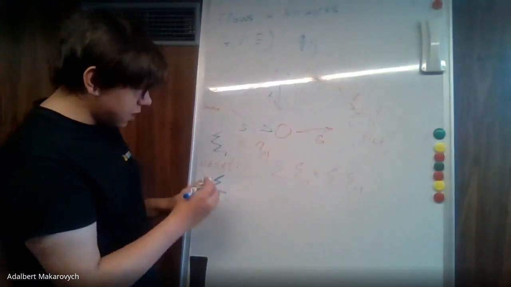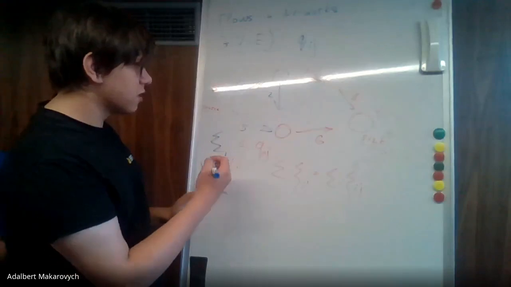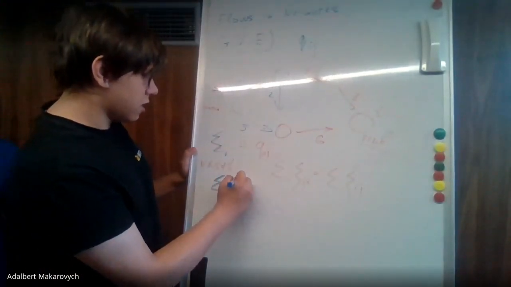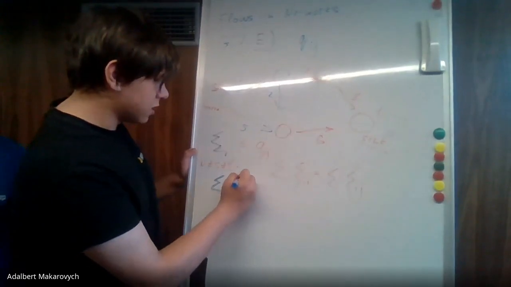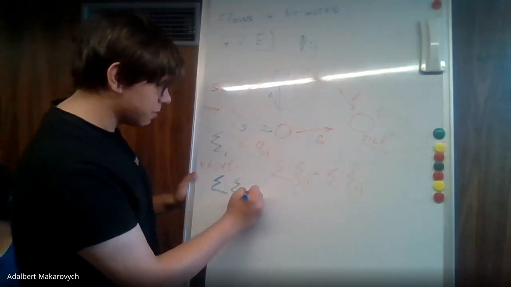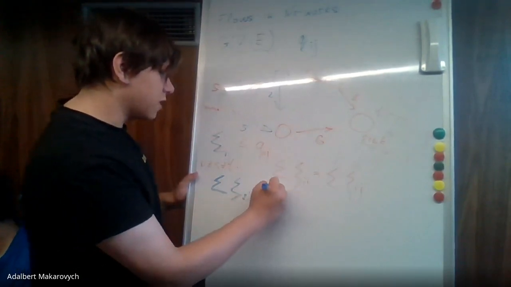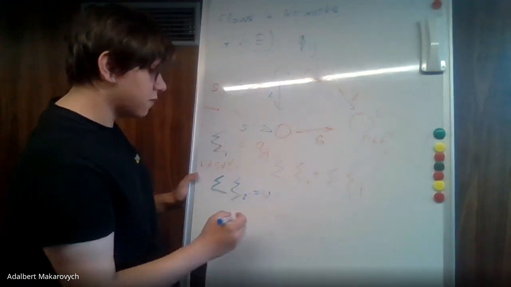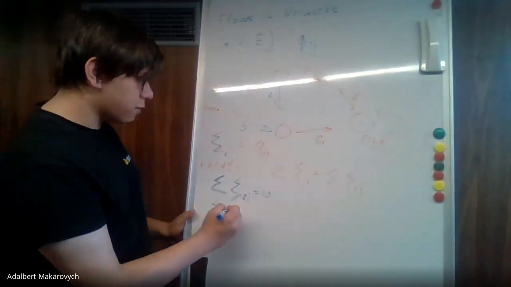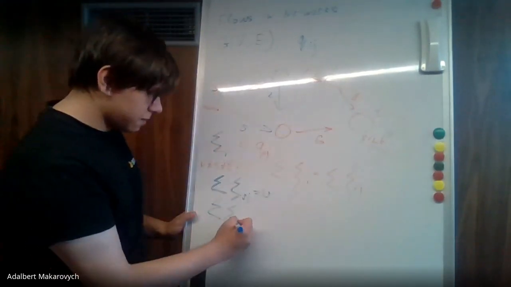So the last constraint is for the source. We only have outgoing flow. So let's write down that the sum of flows going out of the source should be equal to some value V. And for the sink, we have only flows coming into the sink.